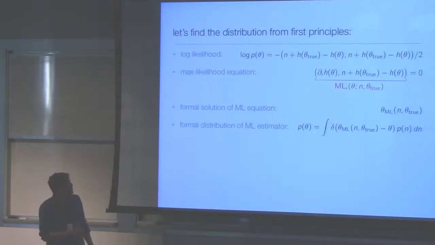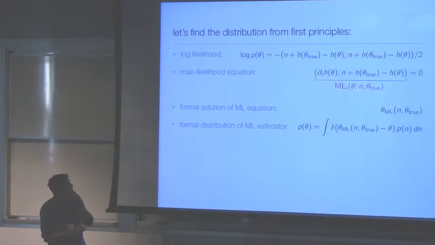But if I knew how to do that, I could write something like that. Again, this is pretty formal, but the distribution of the maximum likelihood estimator is enumerating all possible noises with their probability. It's just a delta times this measure. There's nothing to this. This just means I'm looking at all noises. I count how many give me this maximum likelihood, how many give me a different one, and so on. Now, what's nice here, however, is this quantity here.